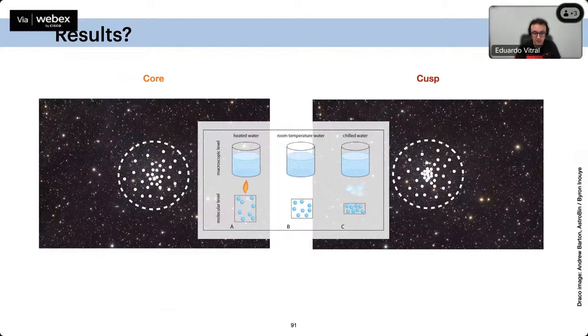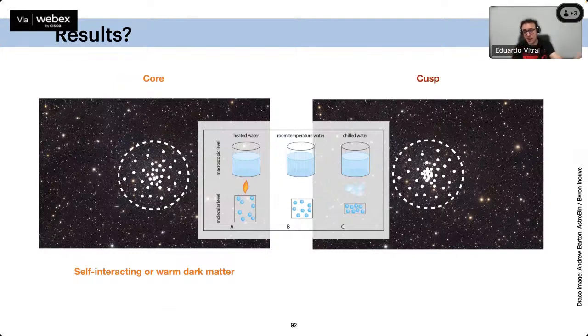In case we have a core, the dark matter particles are behaving like heated water, so we can say it's some sort of warm or self-interacting dark matter. This will tell us the cross sections with which these dark matter particles interact with themselves or with normal matter, which can be very helpful for scientists trying to detect particles in large-scale particle colliders like CERN.